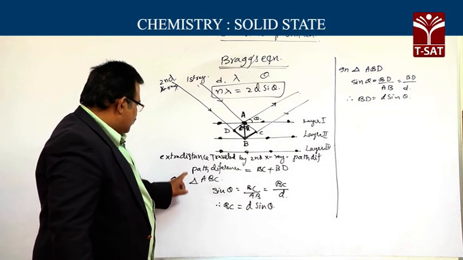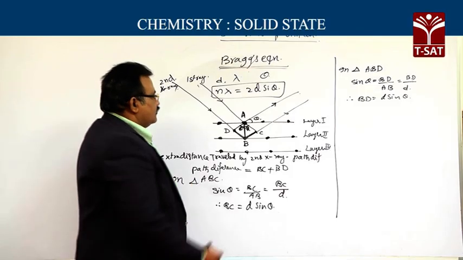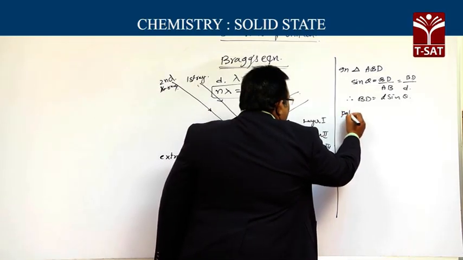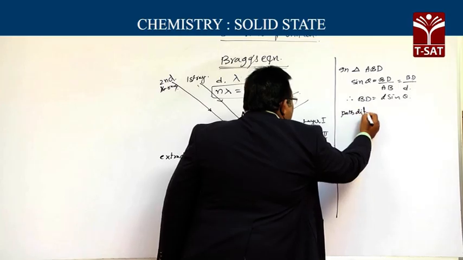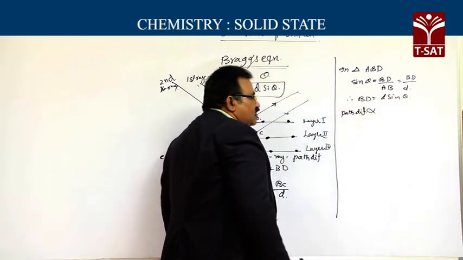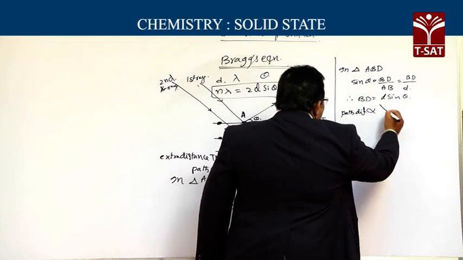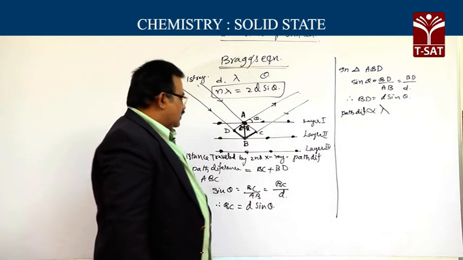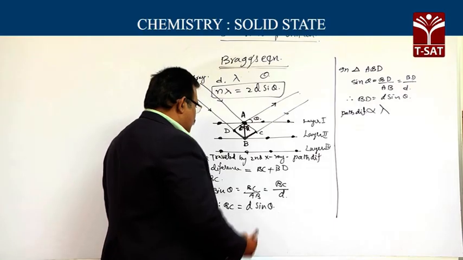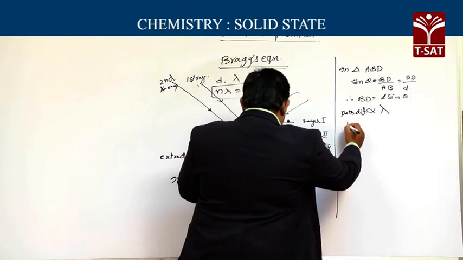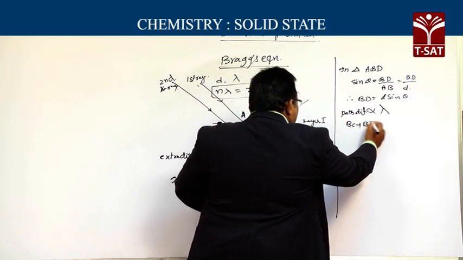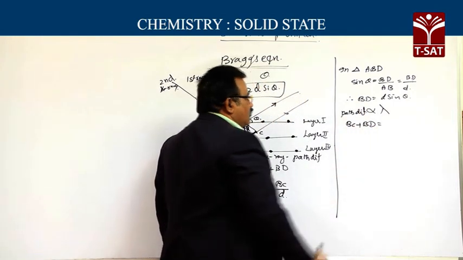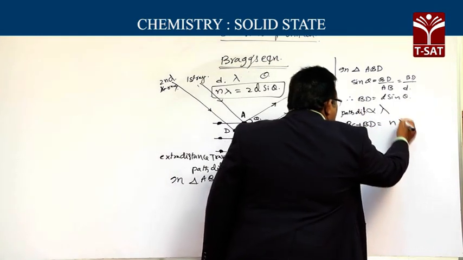We know the path difference is proportional to an integral multiple of the wavelength of the X-rays. That means BC plus BD is equal to n lambda.